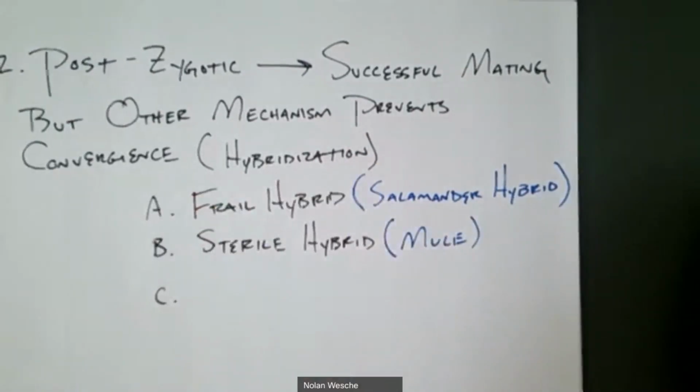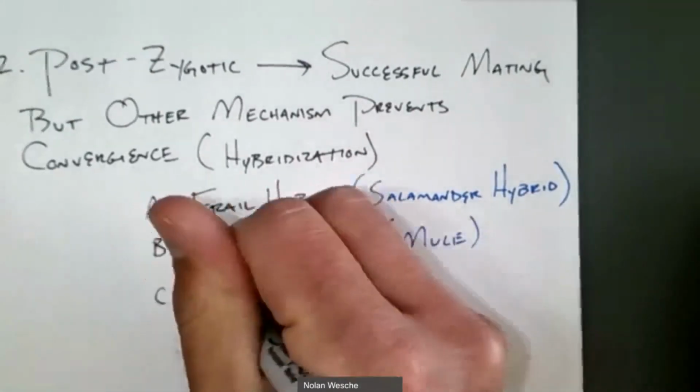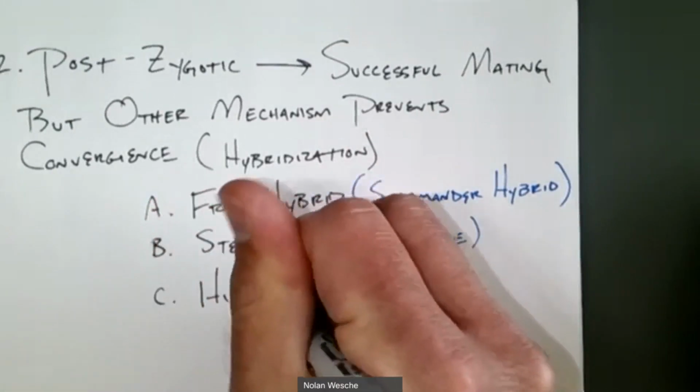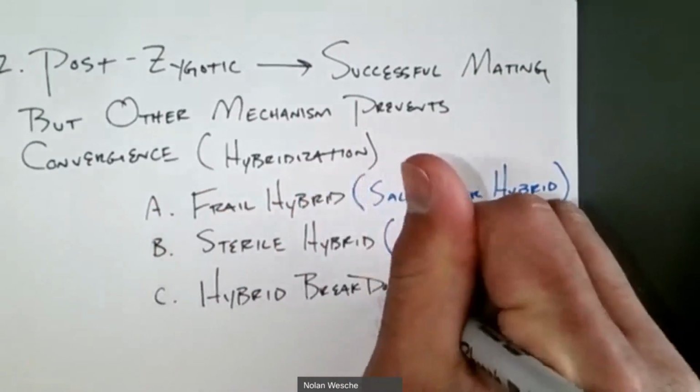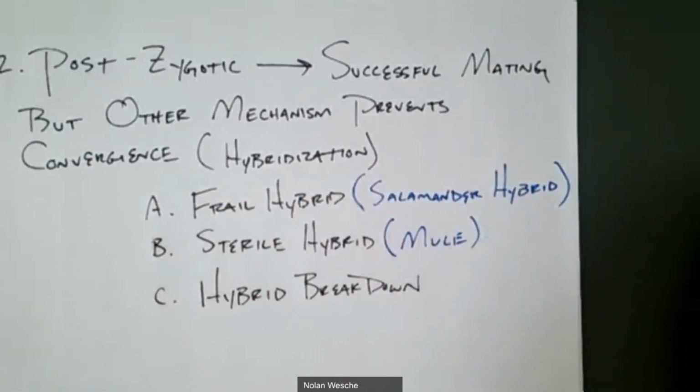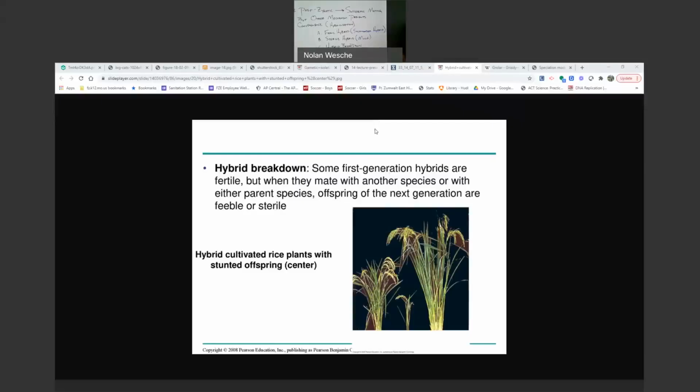And then finally, the last post-zygotic mechanism is hybrid breakdown. Here's an example for this one as well. So here we have two different species of rice. Let's say that you wanted to try to breed and hybridize some rice species to get offspring to grow better, maybe in more arid environments or colder environments.